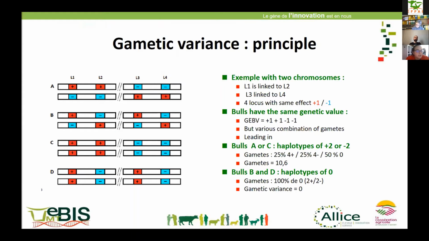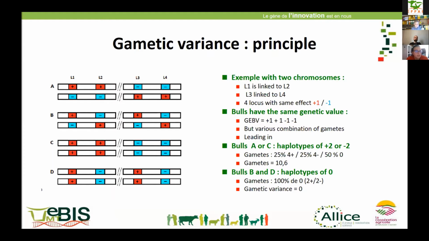Just to give you some background on gametic variance, I don't know how much you're familiar with this. Looking at the scheme, we have an example with 4 animals and 2 chromosomes, with a paternal and maternal haplotype for each chromosome.